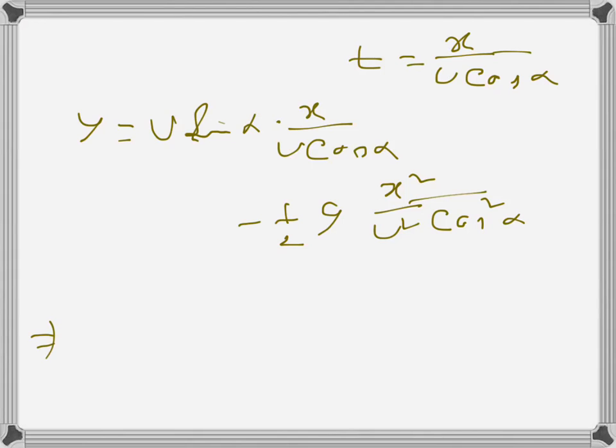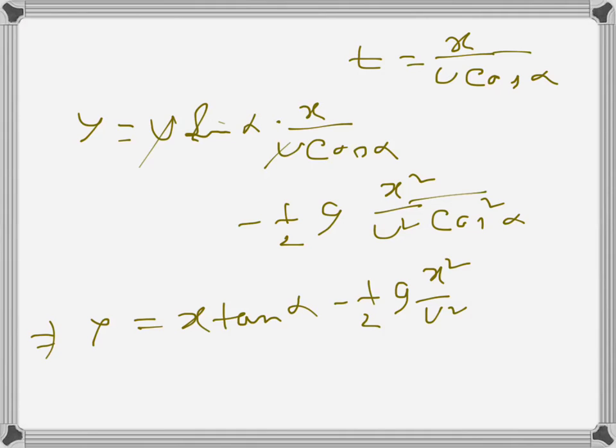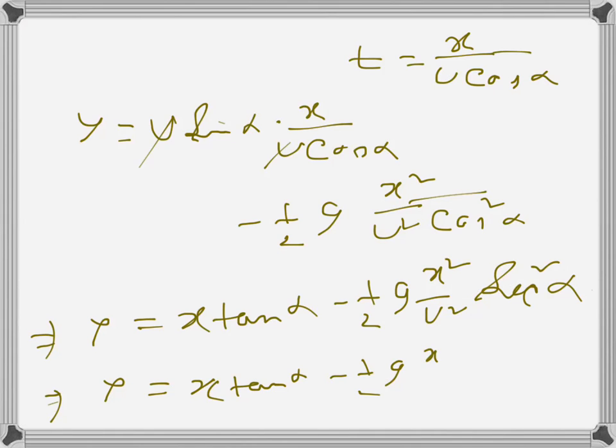So this becomes x, this is cancelled, so x tan alpha minus half g x square over u square. 1 over cos square can be written as sec square alpha. Then we can write y is equal to x tan alpha minus half g x square over u square times 1 plus tan square alpha.